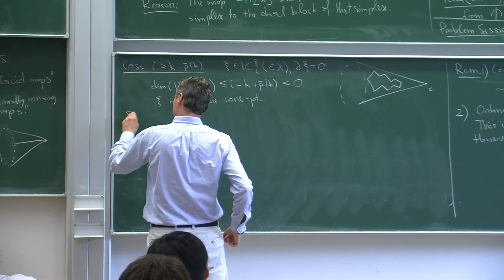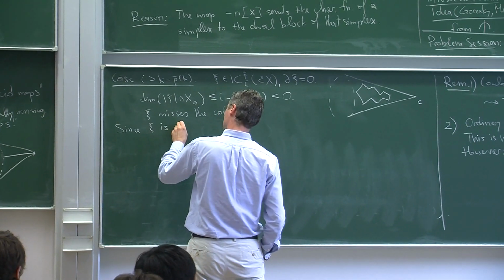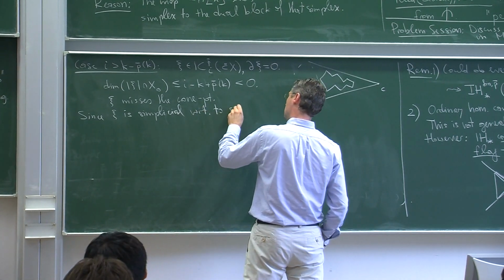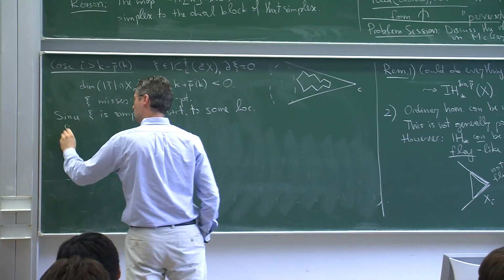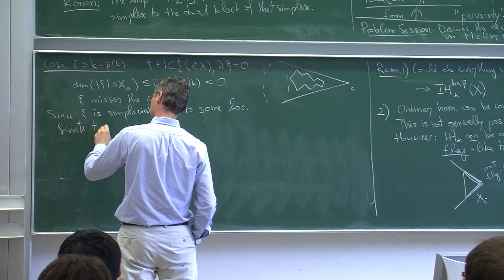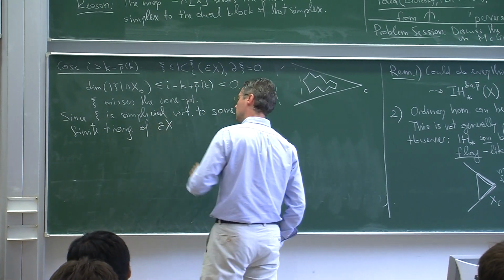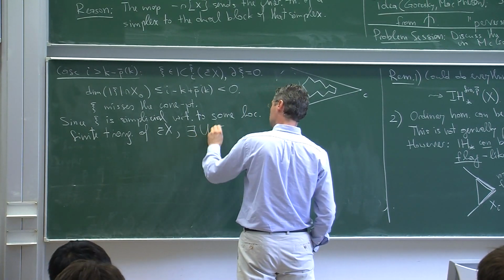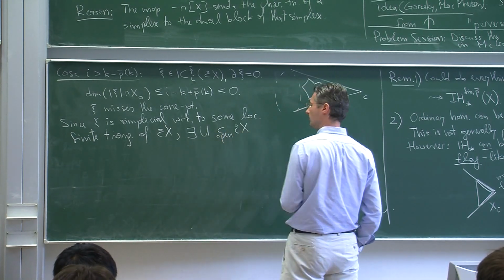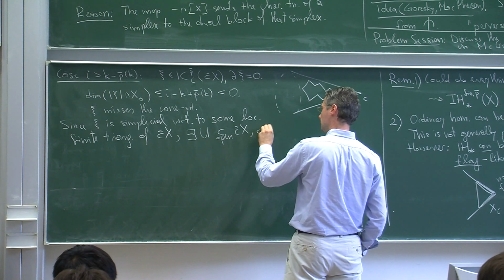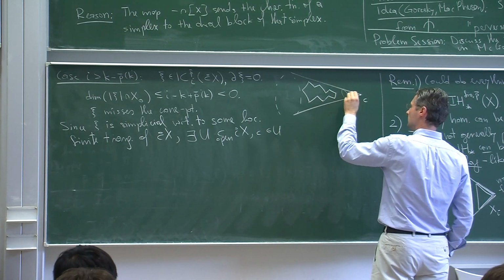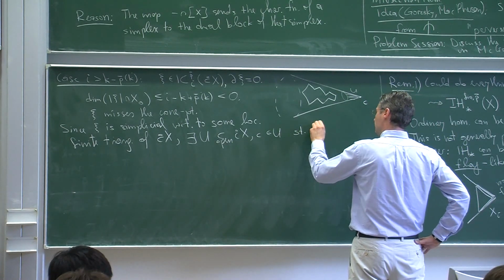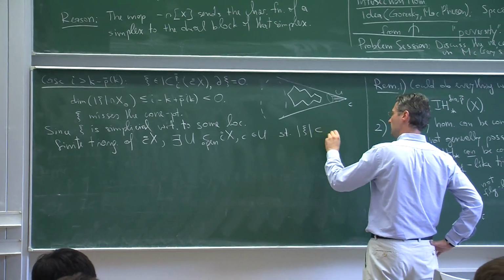But since xi is simplicial with respect to some locally finite triangulation of the cone, it means that there actually exists an open neighborhood of the cone point such that the support of xi is actually contained in the complement.